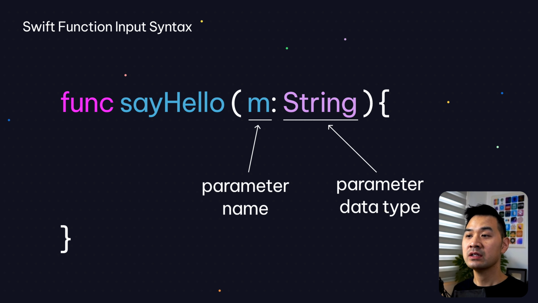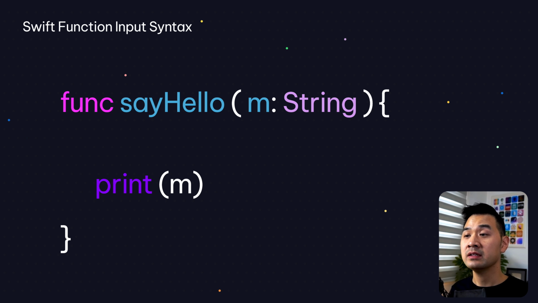This means that whenever I call the say hello function, I also need to supply the function a piece of string data. And then inside my function, within the 2 curly brackets, I can work with that piece of data, and I can reference it using the parameter name, which in this case is m.